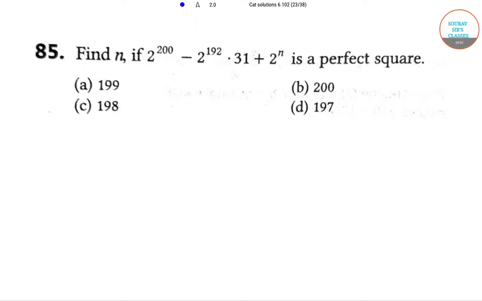The question is, find n if 2^200 − 2^192 × 31 + 2^n is a perfect square.